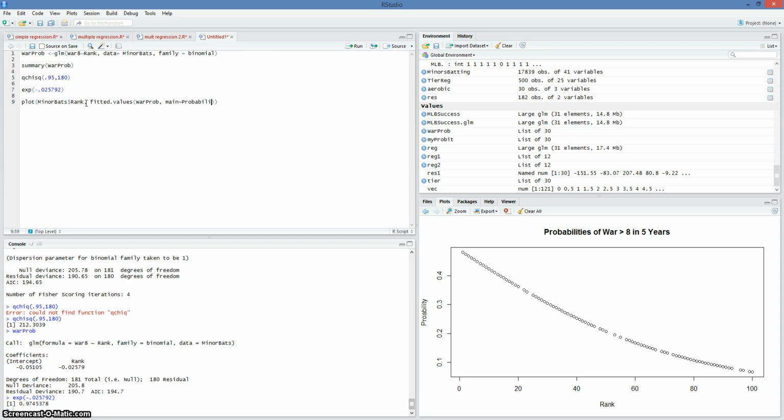I'm going to make this, actually we'll make it WAR probabilities. I'm going to create a subtitle. This will be looking 5 years out. I'll make it capital, why not?